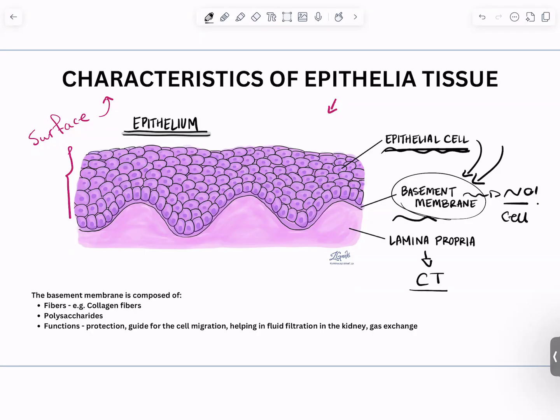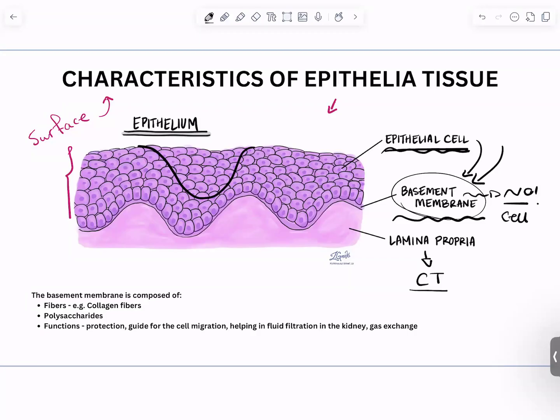The basement membrane is an intermediate layer between these two types of tissues. One thing is keeping these two layers together. Another thing is protection. Later, I will discuss how these layers of cells help us, and if something happens, how the basement membrane will help us.